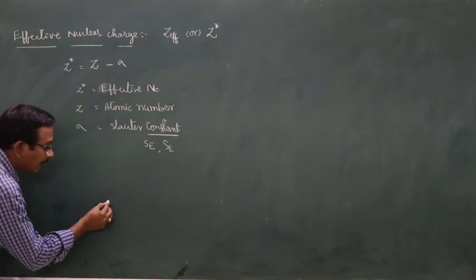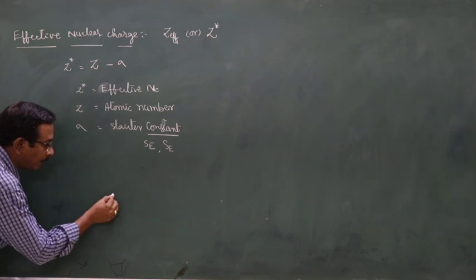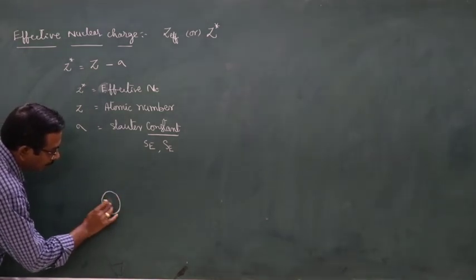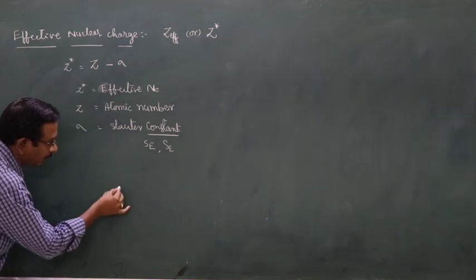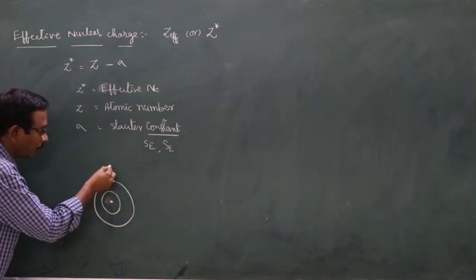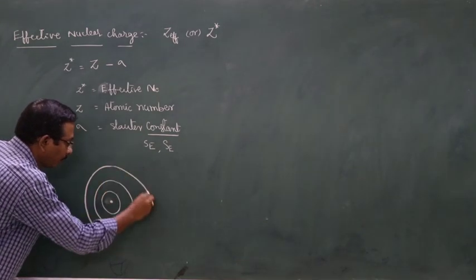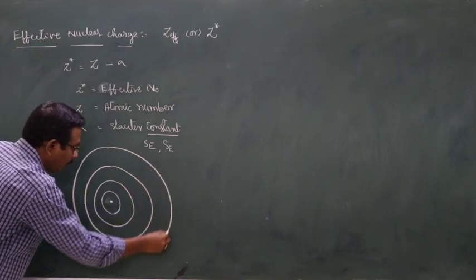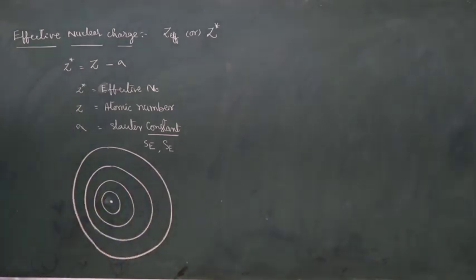Let us consider an atom. This is the first orbit, and this is the second orbit, third orbit, and this is the fourth orbit.